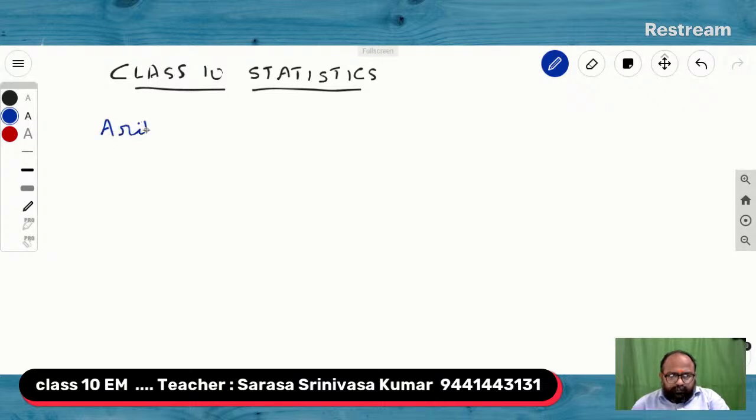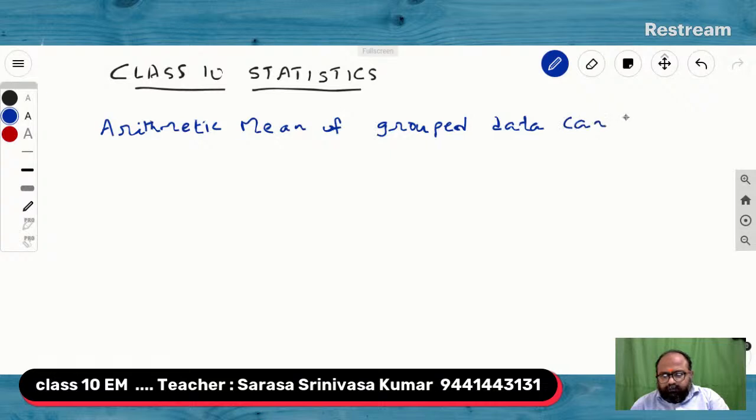So, arithmetic mean of group data can be found by the following methods.